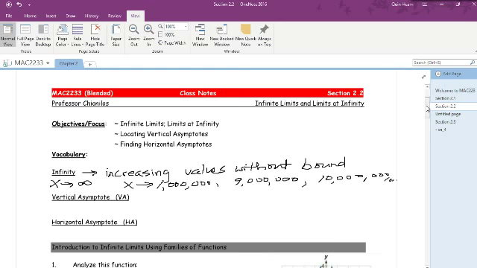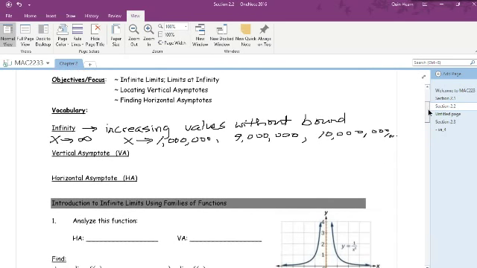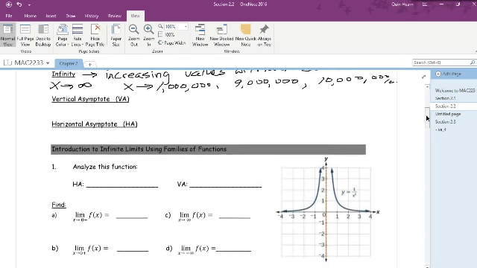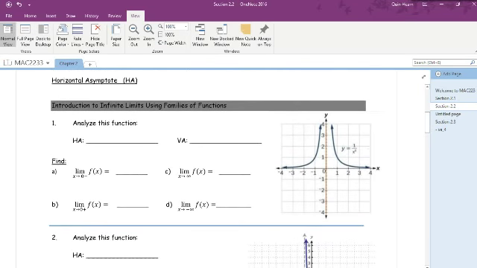The reason why we're talking about vertical and horizontal asymptotes in the same section as infinite limits and limits at infinity is that they both involve infinity and limits in some way. So before I write down what the definitions are, let's look at a couple of examples.